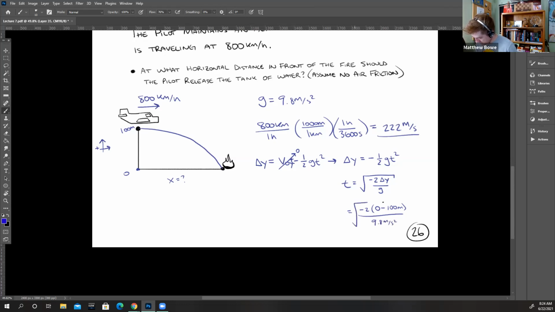And all of this is under a square root. I'm not going to do any more intermediate steps. I'll just say t, the amount of time it takes for the water to go from the plane to the ground, is 4.5 seconds.